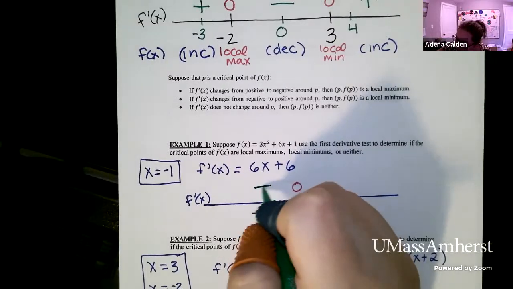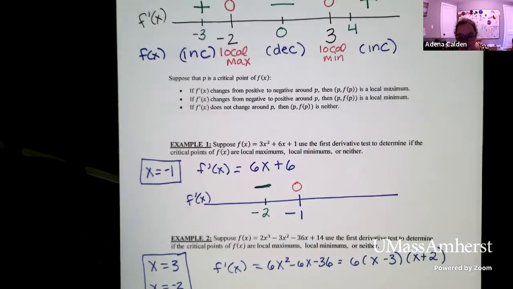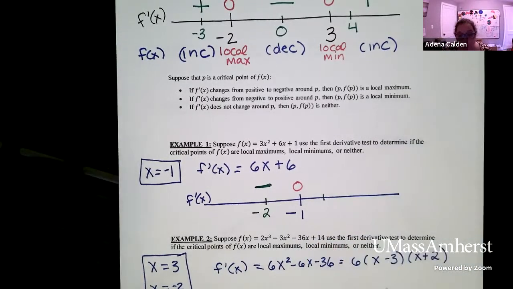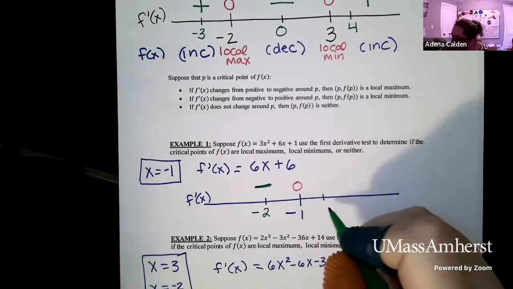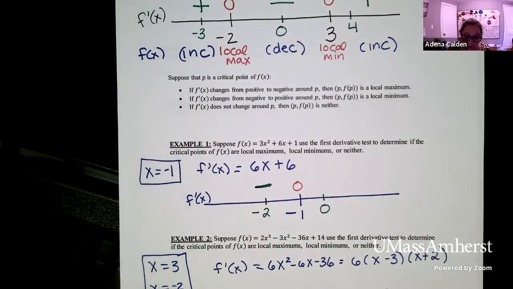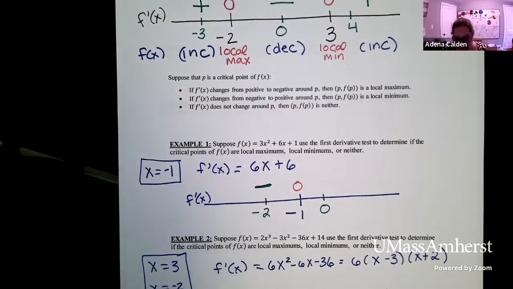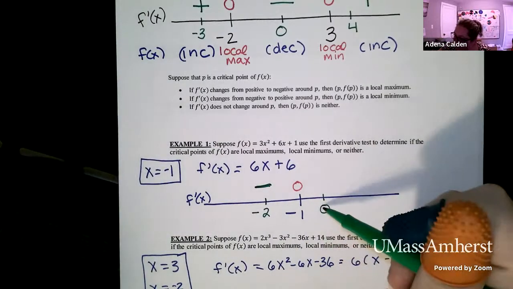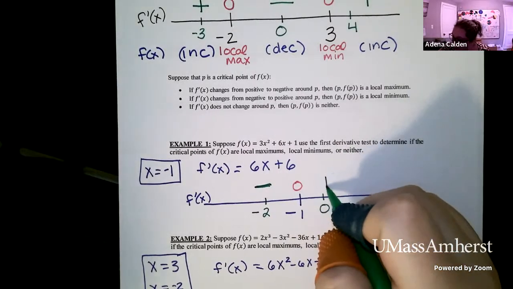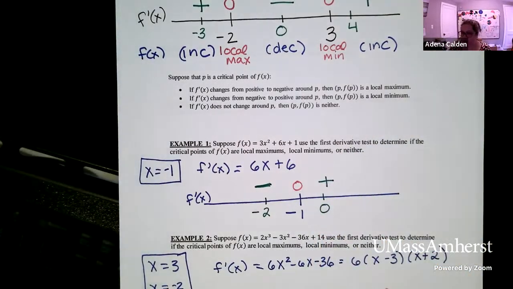So this is negative. I also want to test something to the right of -1. Again, you can pick any number, so you want to pick something that's convenient. I'm going to pick 0. When I plug in 0, I get 0 plus 6. That gives me something positive.